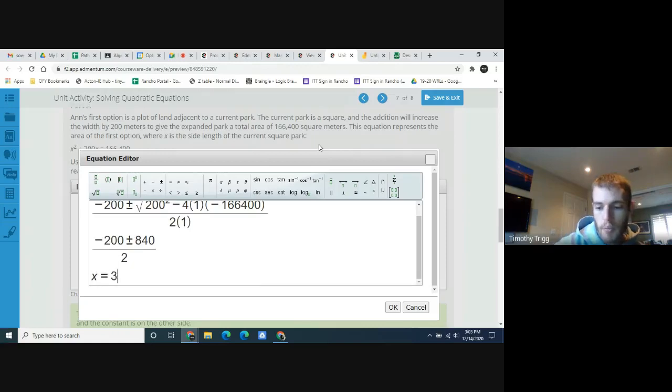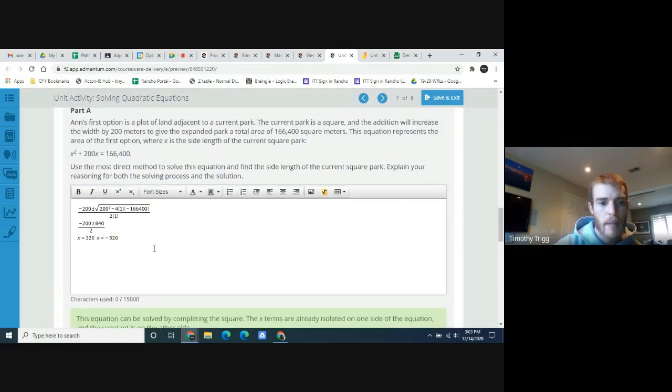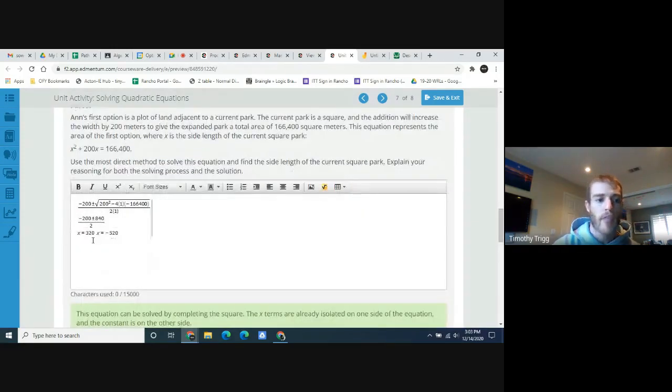X equals 320. And X equals negative 520. See how nice and neat that looks. Now I want you to explain why 320 is the only reasonable answer.